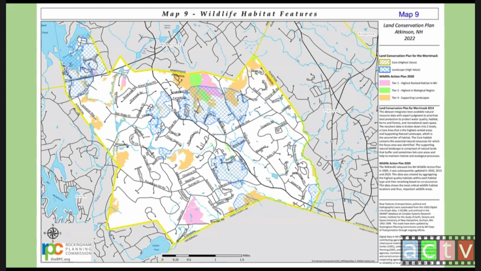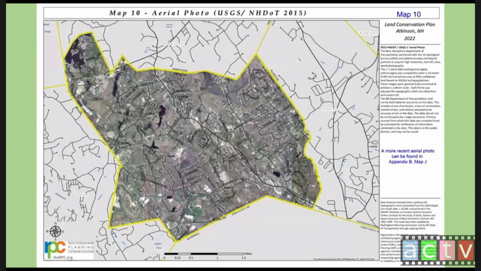We'll move on. Okay. This is the aerial photo that was done in 2015. This is the photo that the land use map I showed earlier is based on. And also coming up in a couple of slides is an impervious surface map. Those were all based on this map.